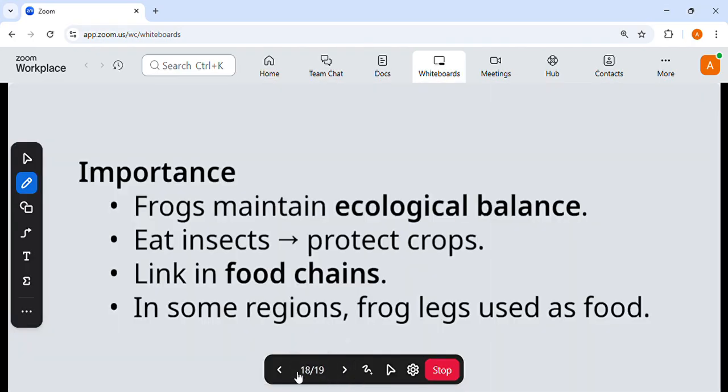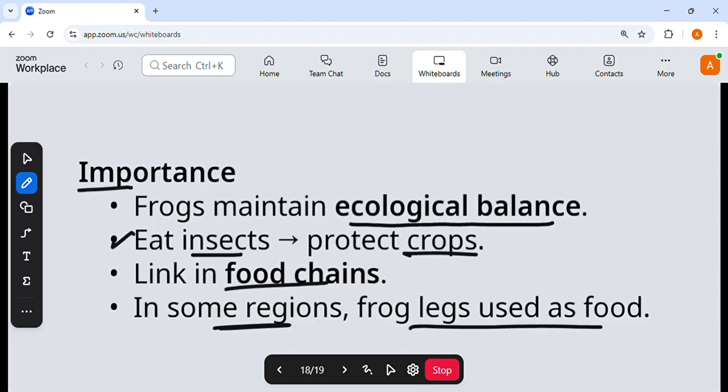So by this we have completed the reproductive system also. So what is the importance of the frog, how is it beneficial to humans? It helps in maintaining the ecological balance. In the food web and food cycle, it plays a major role there, and they eat insects, which helps in protection of crops. They are linked in the food chain, and in some regions it is used as food also.